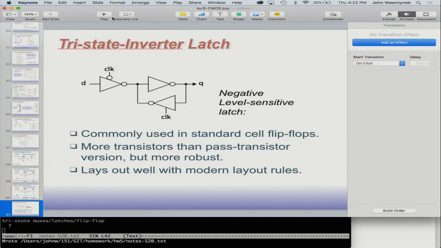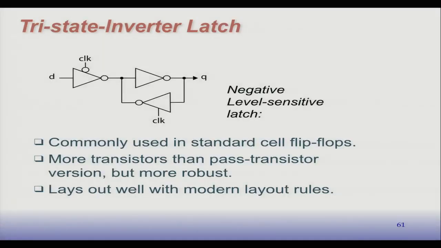Okay, so when the clock is low here, this tri-state conducts. D goes to here and through the inverter. This one is off, so there's no feedback. And when the clock is high, in this case, sorry, there's feedback, and this one is disconnected. Right. So it's the same function I had before.